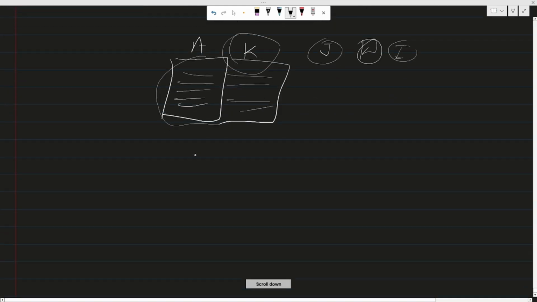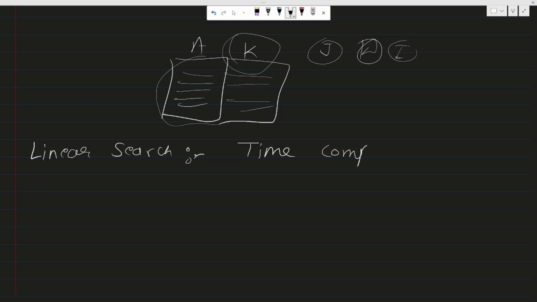So that is the key comparison. The first one, most important, is linear search and its time complexity. If you do not know what is meant by time complexity, I will teach you and make a video on it as well.